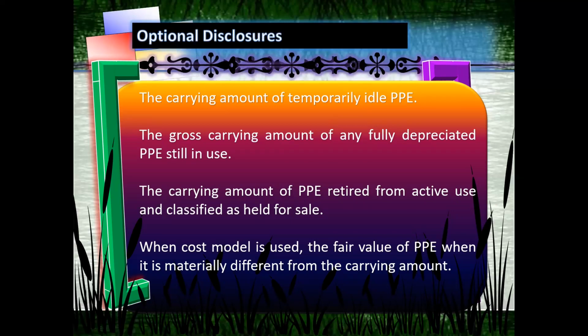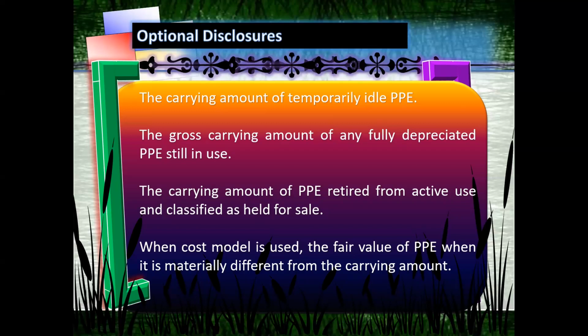topic would be the optional disclosures. So for this one, these are the things that are encouraged na i-disclose ng mga entity pero hindi siya required. So first is the carrying amount of temporarily idle PPE.